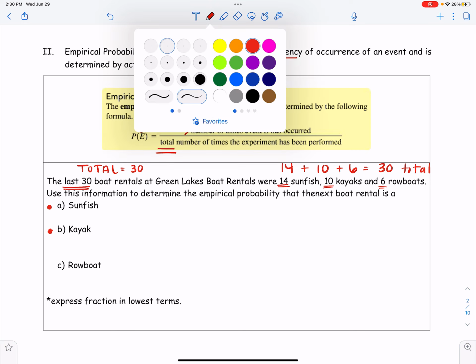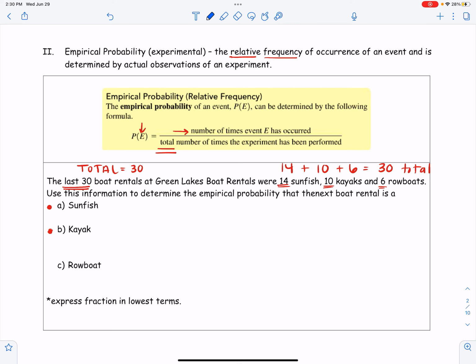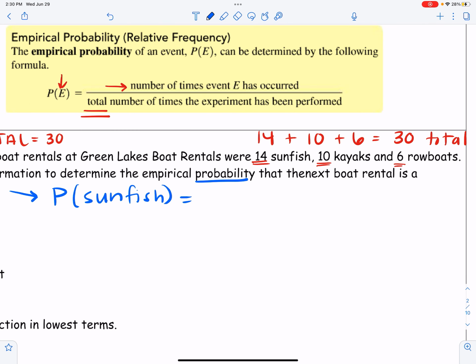So our question here is to determine the probability that the next boat rental is a sunfish. Now, typically how these things are written, and you see it in your definition up here as well, capital P shows you're finding probability, and then whatever event you're looking at is written in parentheses. And all I'm going to do is use my definition up here. So this says to find the probability, I do a fraction or a ratio.